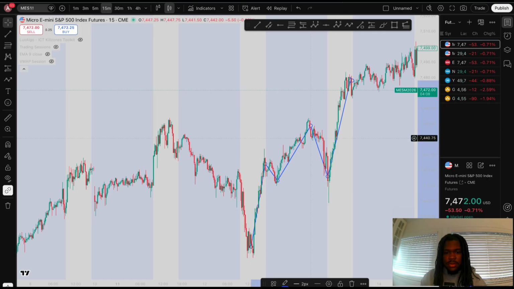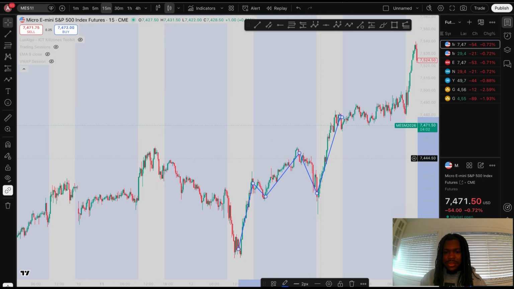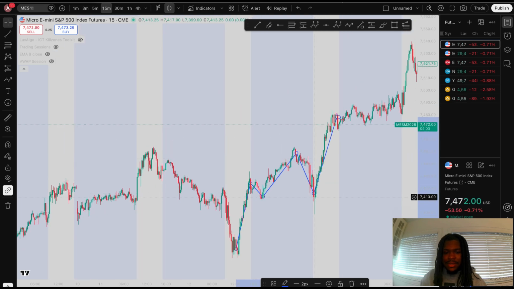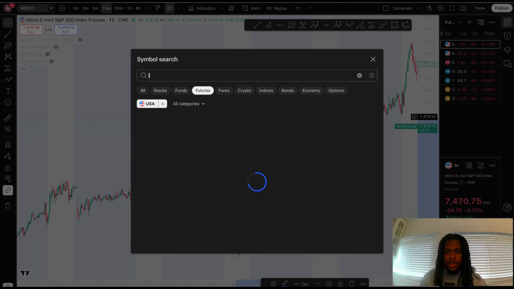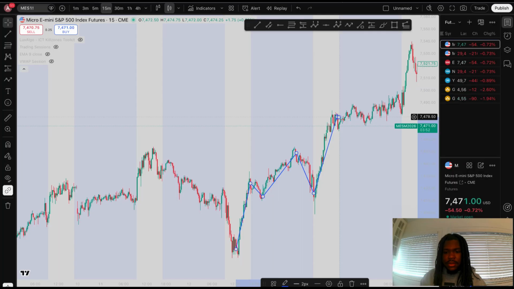So boom, boom, boom. Well, those are kind of equivalent, but it's just a tad bit higher based off the candle closure. So yeah, let's see if I can find one more that looks a little bit better.